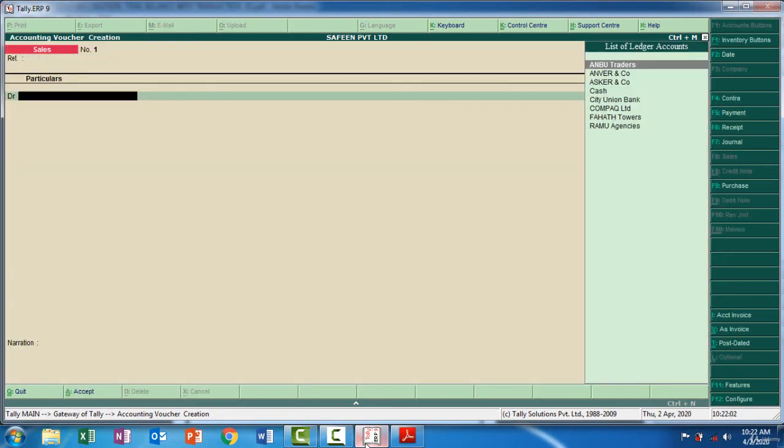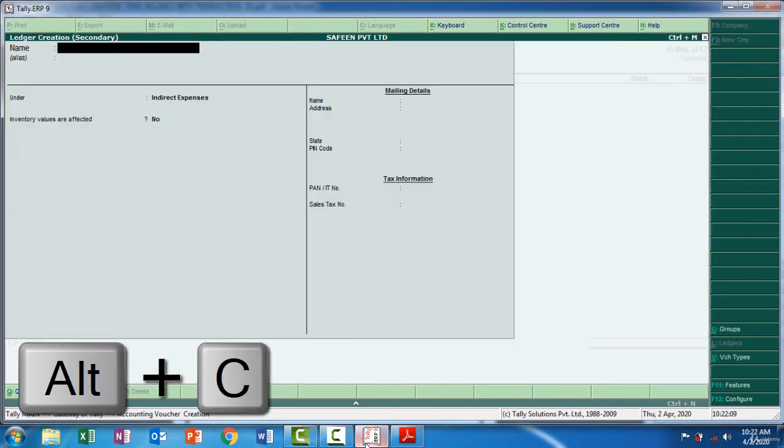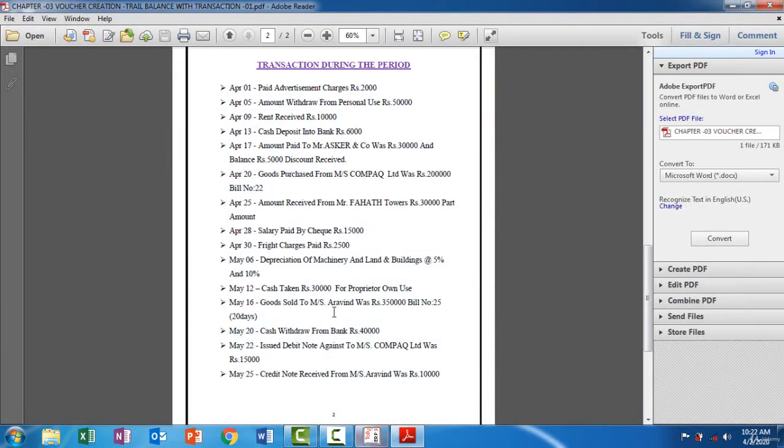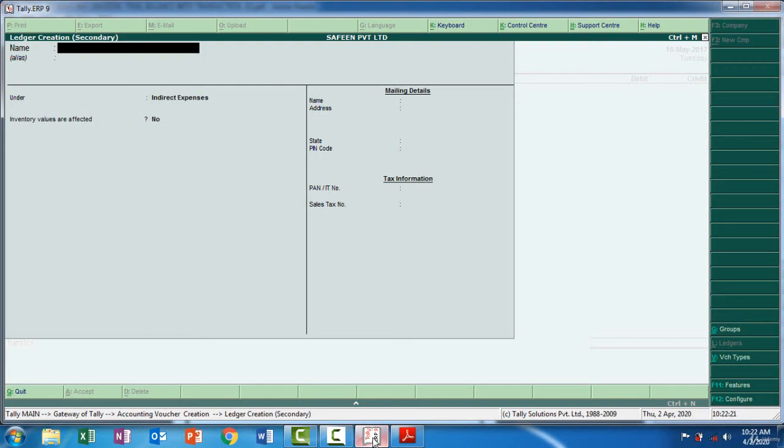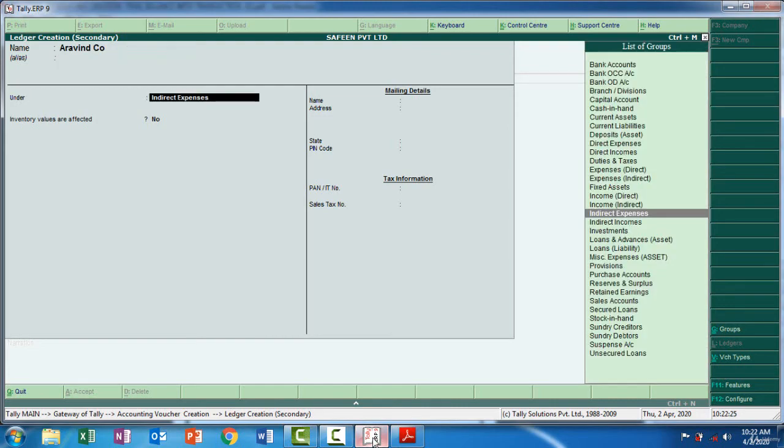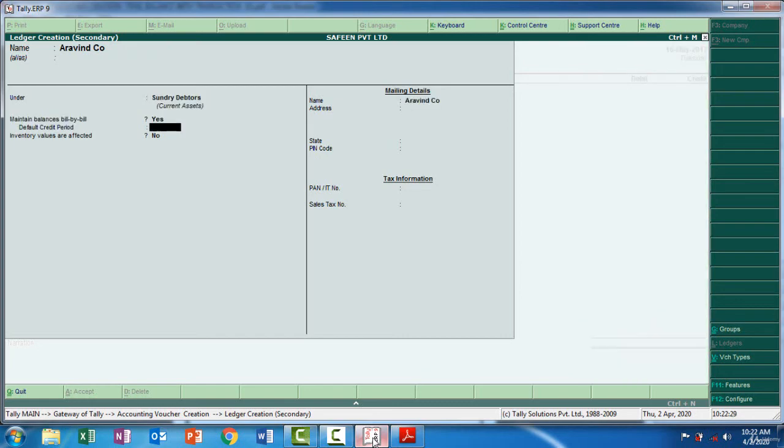And the debit is Aravind account. There is no Aravind account, so we have to create it. Alt plus C. Aravind is one of our debtors. I'm going to create Aravind company. It is coming under the sundry debtors.